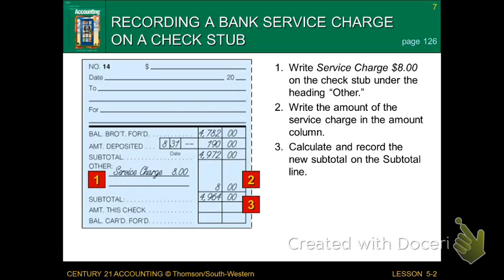So in this example, there was a service charge of $8. So you can see in the other section, they listed service charge $8. Below that would be your totaling of any service charges listed. We had that one service charge of $8. So when you take your subtotal, which was $4,972, subtract, because charges would take money out of your account. They don't add money. So you would take $4,972, subtract $8, and that gives you a new subtotal of $4,964.